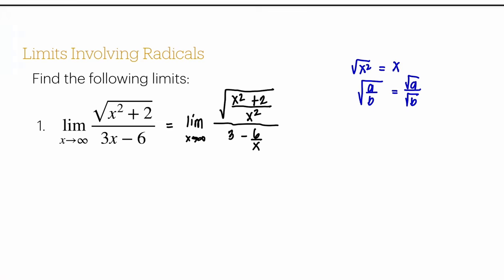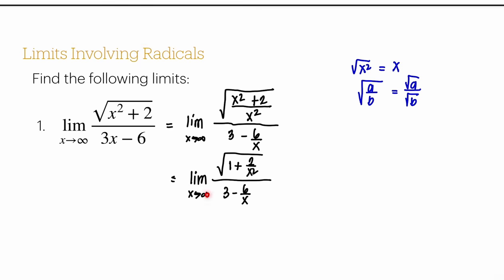And so dividing that by x squared, this is equal to the limit of the square root of 1 plus 2 over x squared over 3 minus 6 over x as x approaches infinity.